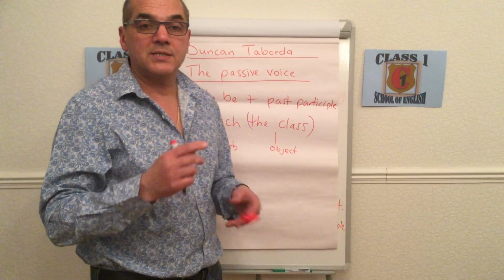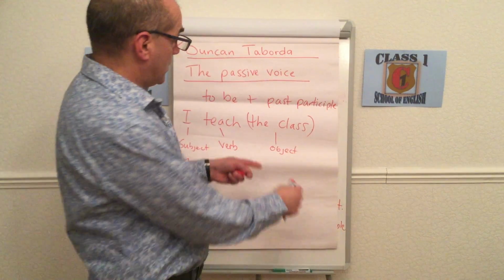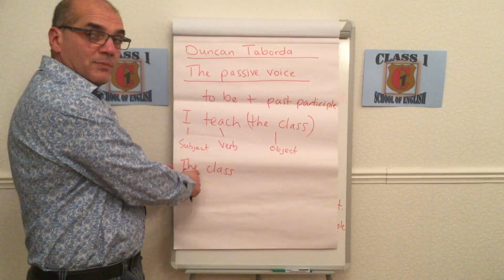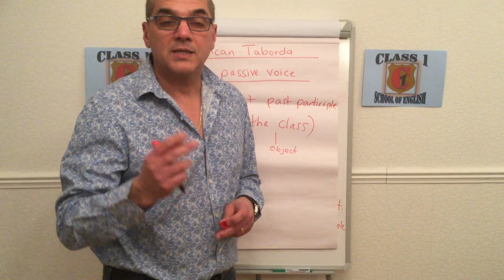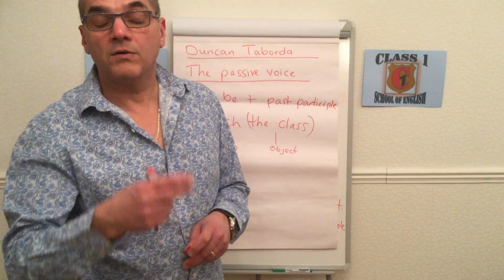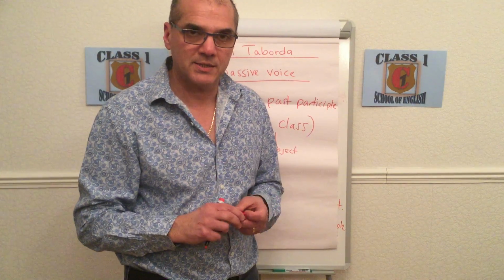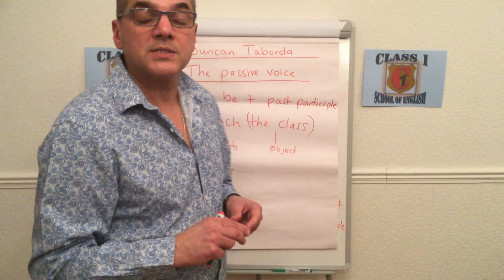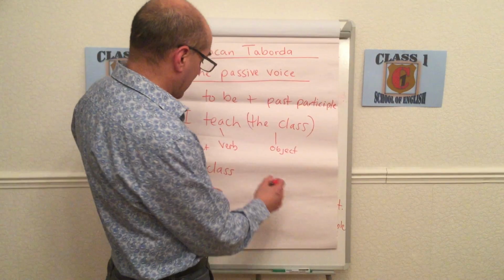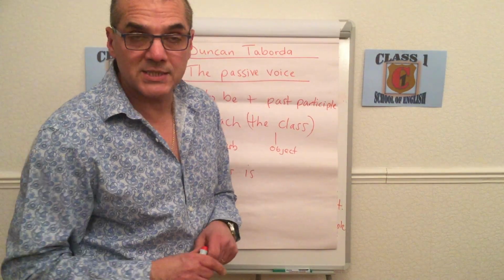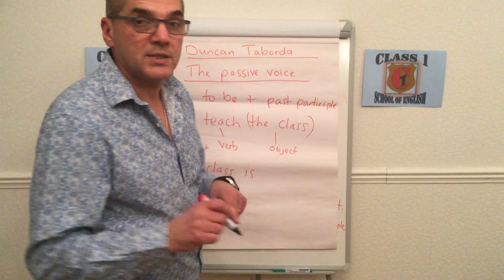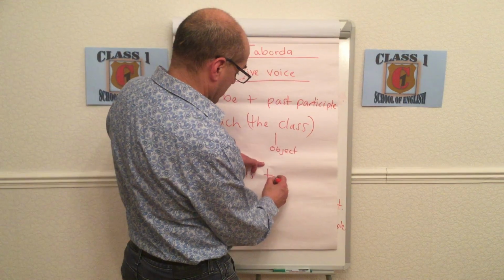So the present simple tense for the class, because the class has now become the subject, is: the class is. The present simple tense of to be is is. And then I'm going to use the past participle of teach, which in this case is taught.